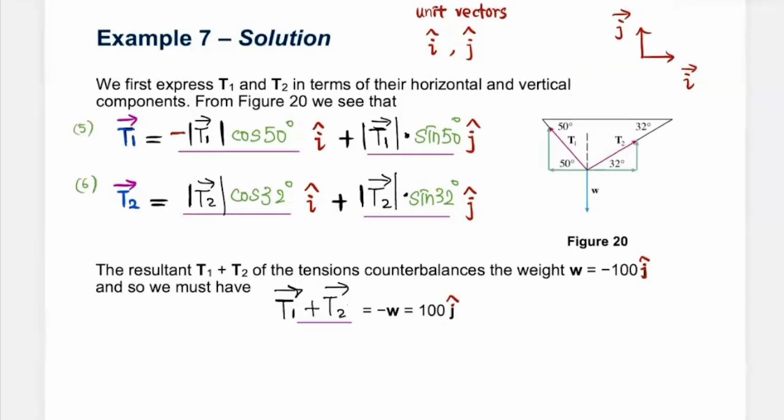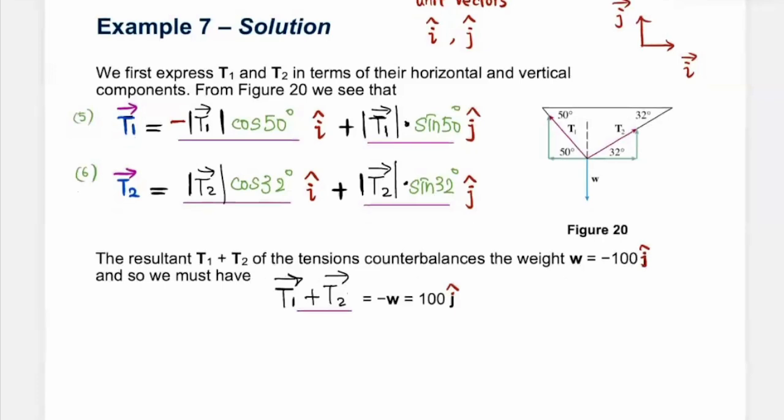Okay, a good question here. T1 goes this way, T2 goes this way, and W goes this way, right? Then T1 plus T2 counterbalances, it is the opposite of W. Do you see the combined forces reverse?